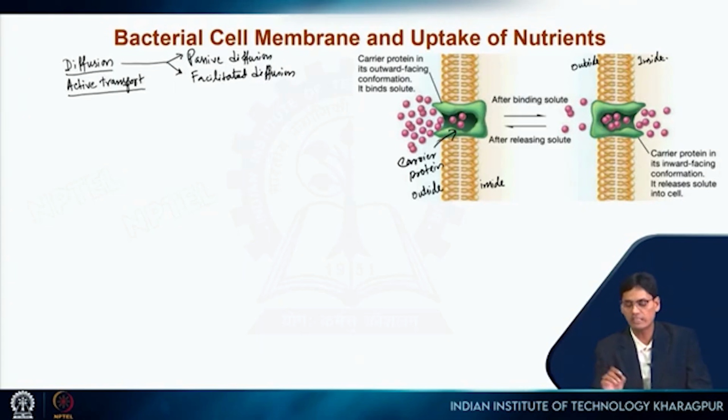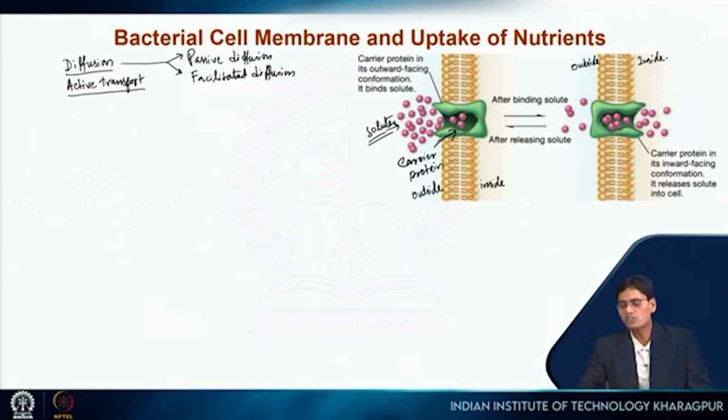In the first step, as you can see, the carrier protein is facing outward because of its conformation. Because of the conformation change in the protein, it helps. So these solutes, which can be some nutrients, enter into the carrier protein.